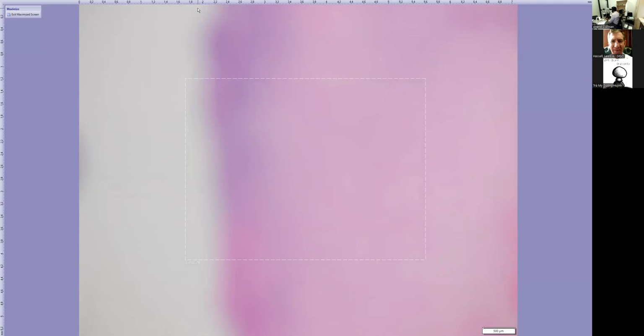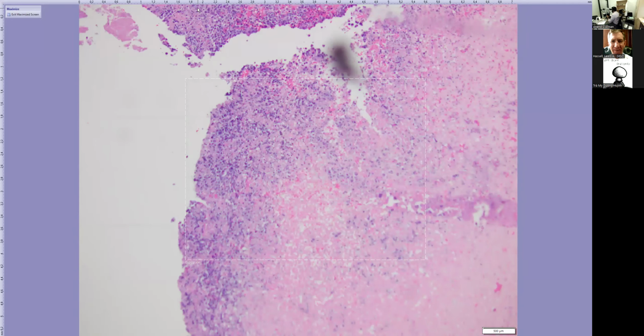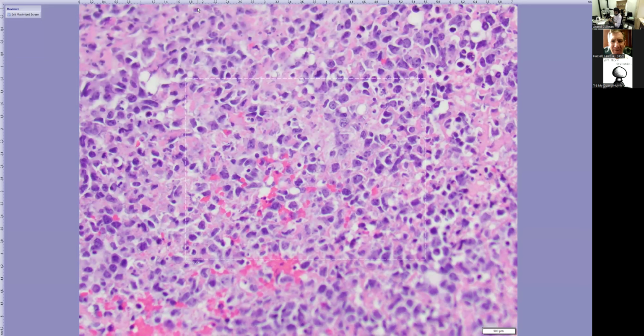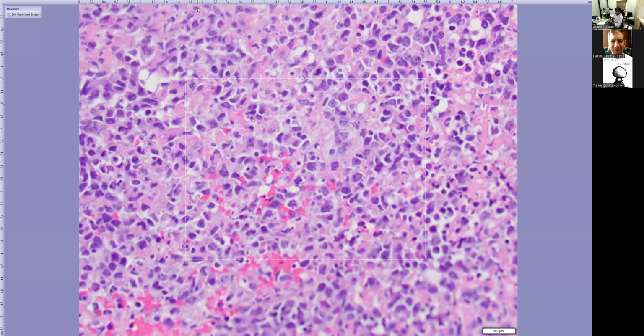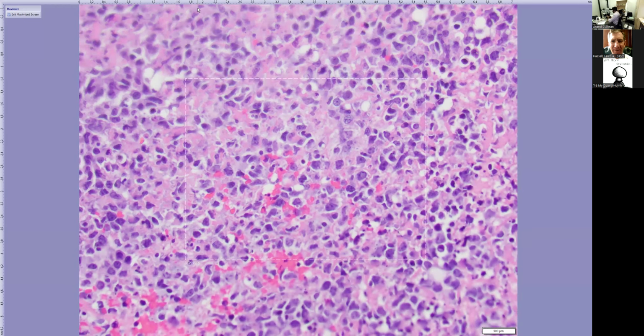And then with the morphology that we saw, which was pretty much large cells, let me show you the morphology again. Pleomorphic large cells with a lot of apoptosis and mitotic figures. We were in the large B-cell lymphoma category. The differential was a large B-cell lymphoma.